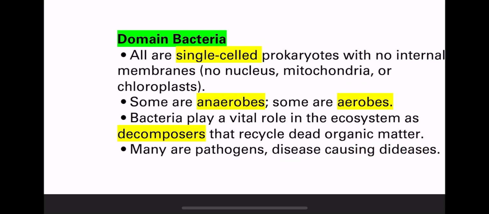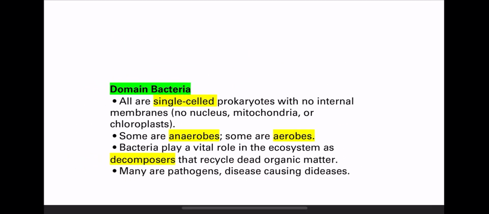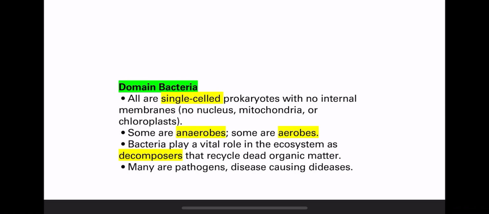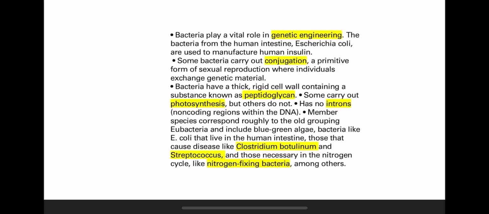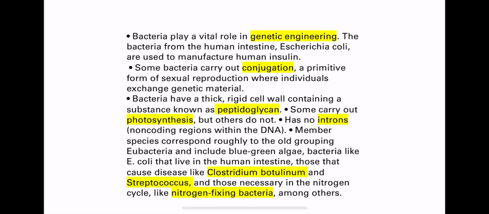They cause diseases, like Clostridium botulinum, if you remember, that causes food poisoning, or Streptococcus that causes strep throat. Also, bacteria play a vital role in genetic engineering. If you remember, while talking about genetics, we said that we use the plasmids of bacteria to insert the human gene for production of insulin to get more insulin.